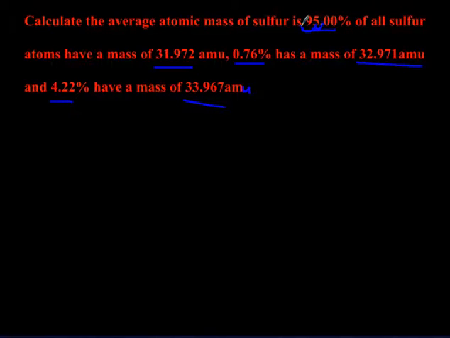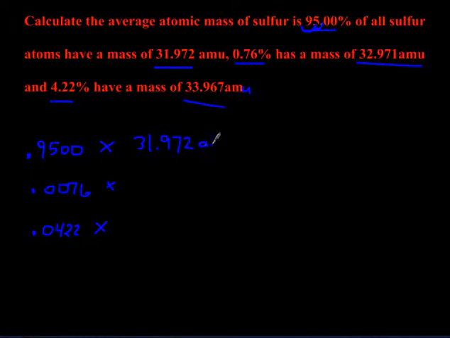So this guy's going to jump 2 places to the left to become 0.9500. This one, 0.0076. And this one, 0.0422. The next step is to multiply these by the masses they go with. So 95 goes with 31.972.